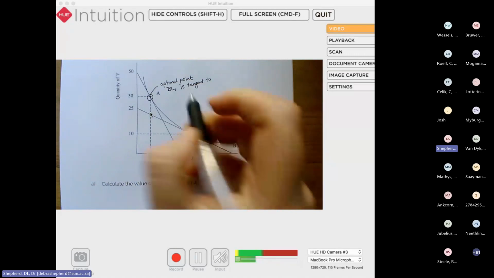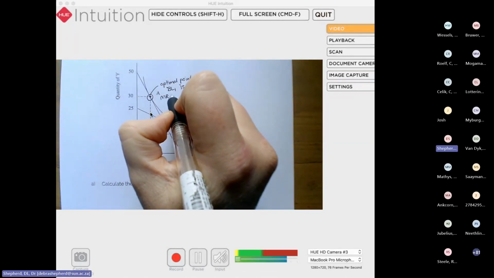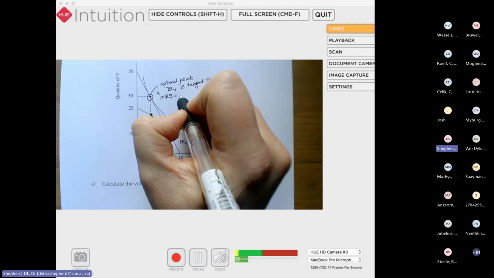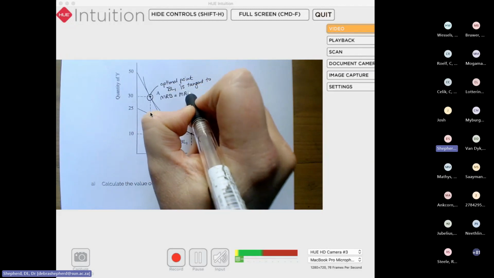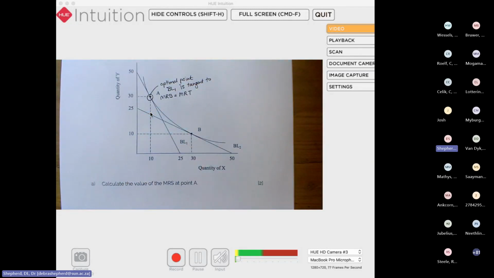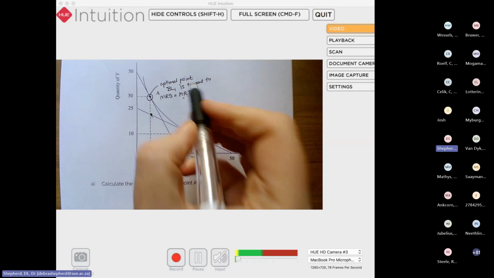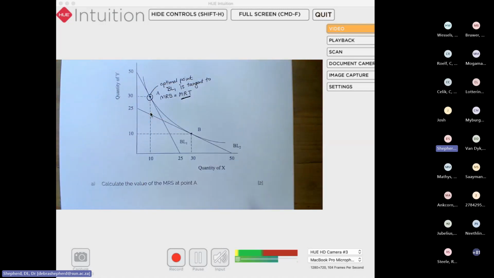At point A, the marginal rate of substitution must be equal to the marginal rate of transformation. How would I be able to calculate the marginal rate of transformation at point A? What information in this picture would allow me to calculate that value?